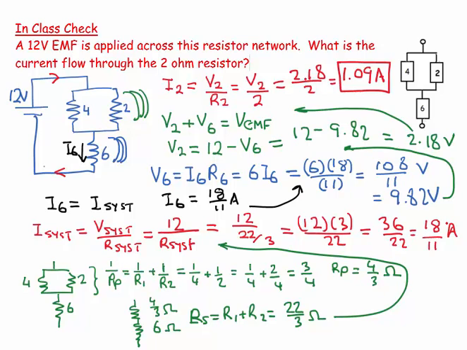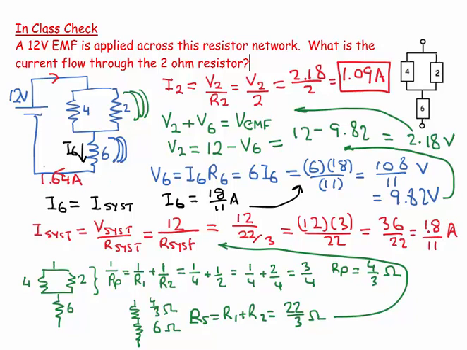I can do a quick check, I think. My current through my system is 18 over 11. So let's go 18 divided by 11. My current flow here is 1.64 amps basically.